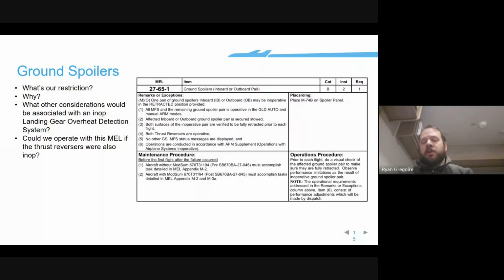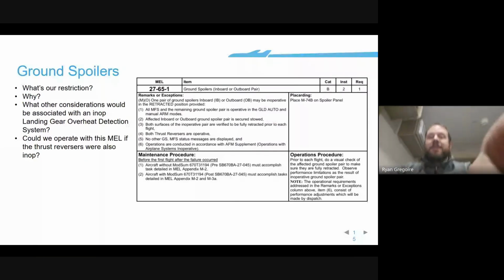So if we were going to a shorter runway, likely that flight would be weight restricted due to the landing requirements and the performance penalties associated with one set of ground spoilers not functioning, because we would not get that increased braking action due to the lift dumping from that set of ground spoilers.